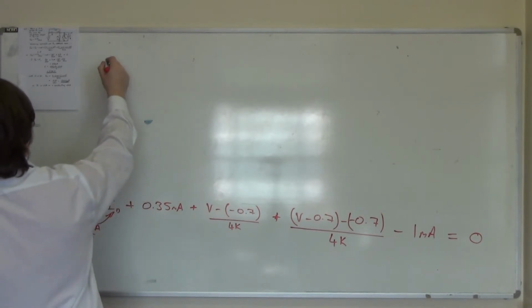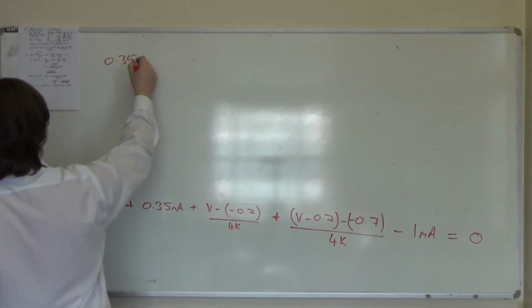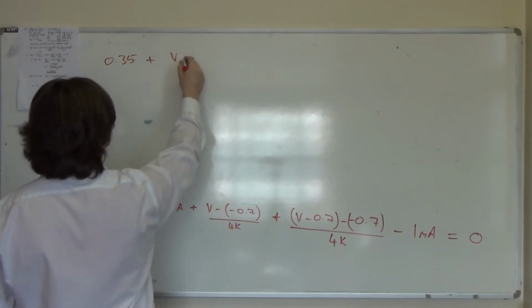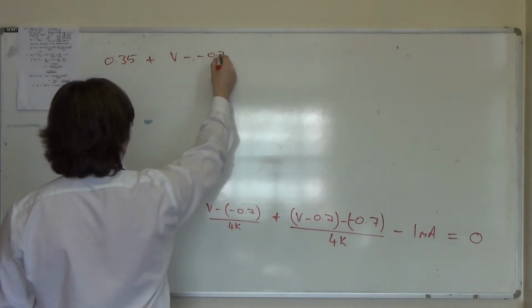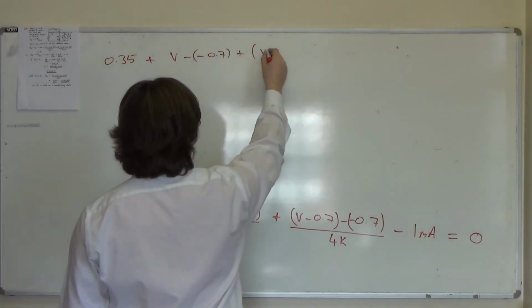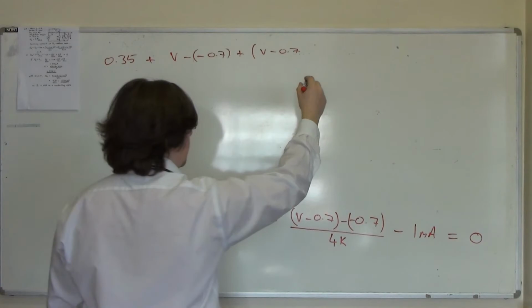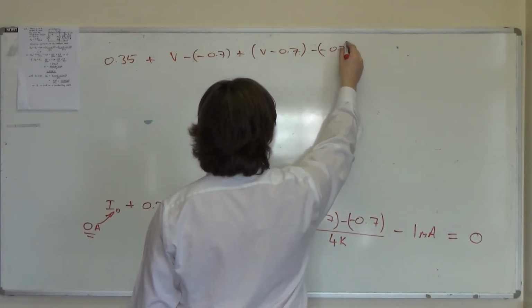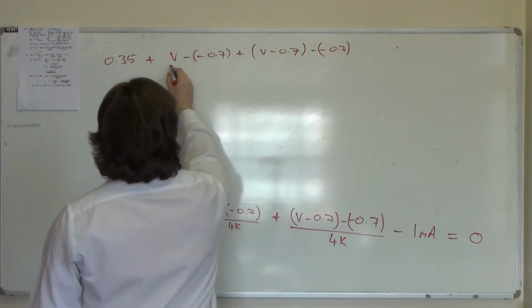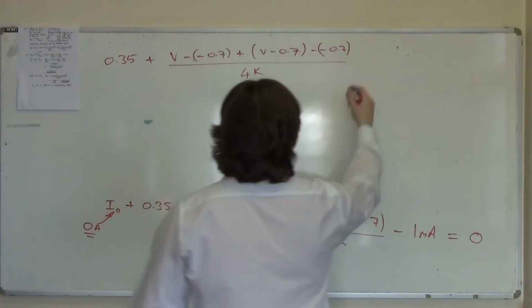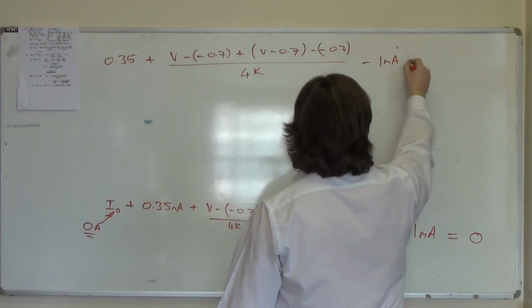So we can say 0 here, so 0.35 milliamps plus (V minus 0.7) plus (V minus 0.7) minus 0.7, all over 4K, minus a milliamp, equals 0.